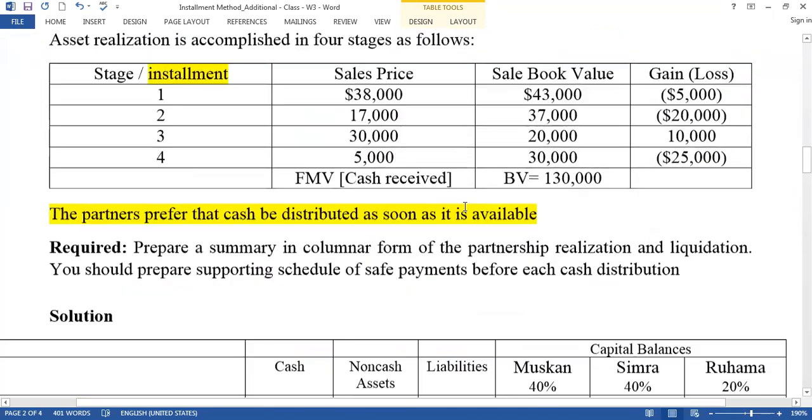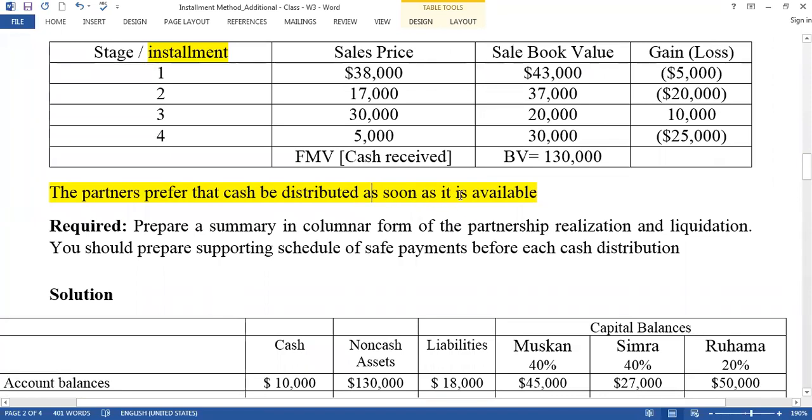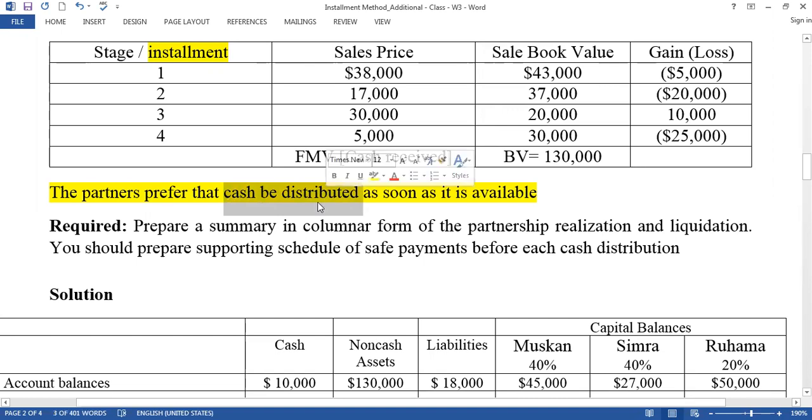So whenever cash is going to be distributed, we have to make a safe plan. That means all partners may not receive the money. Only the partners who have the surviving ability will receive the money. So we have to make a schedule to see who has the ability to survive.